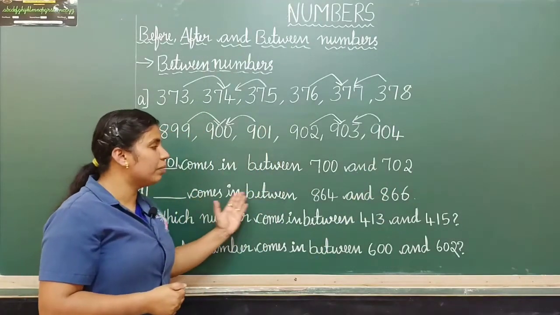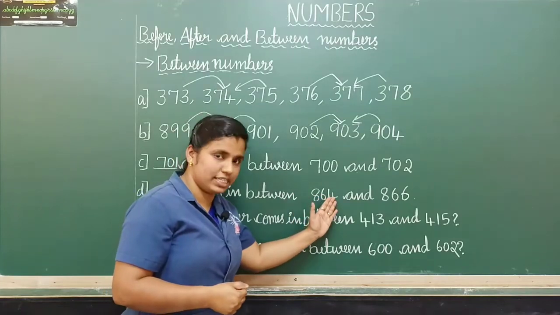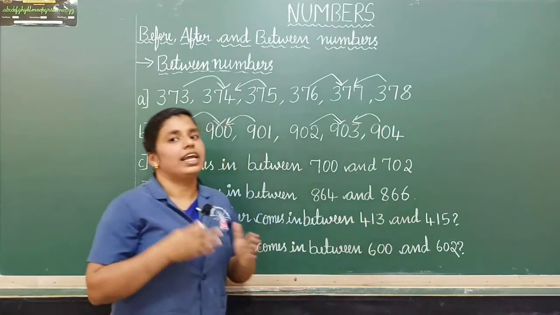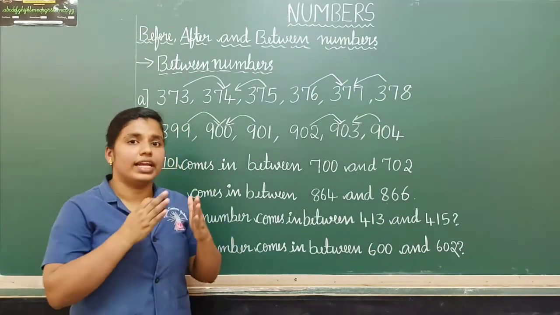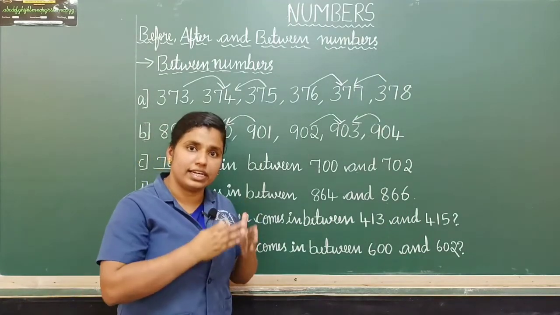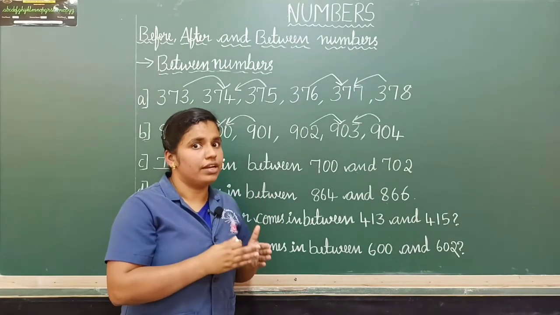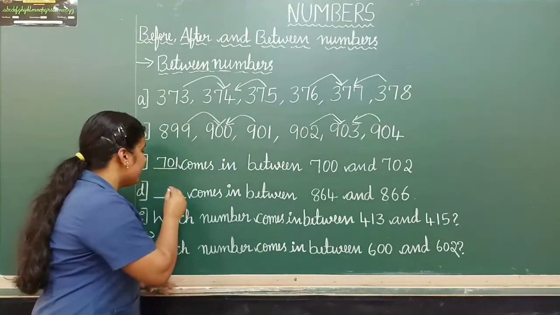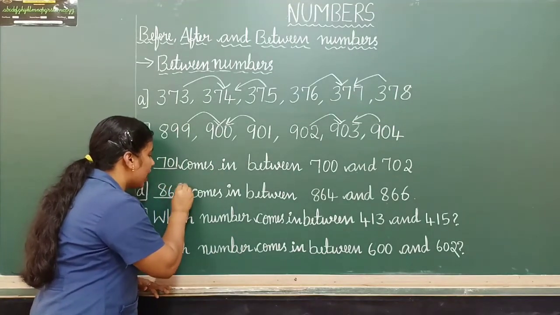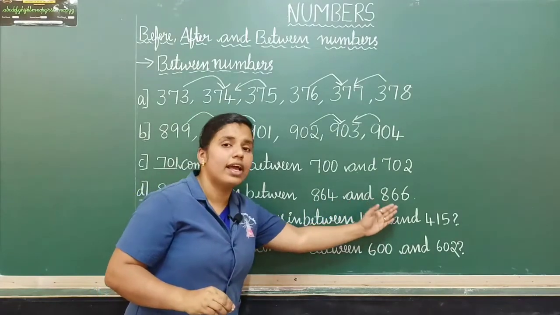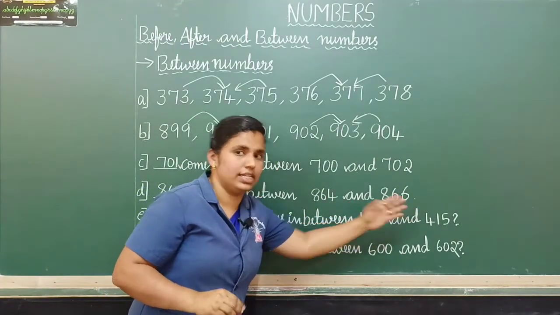Dash comes in between 864 and 866. 864, 865, 866, 867. Now here 865 comes in between 864 and 866.